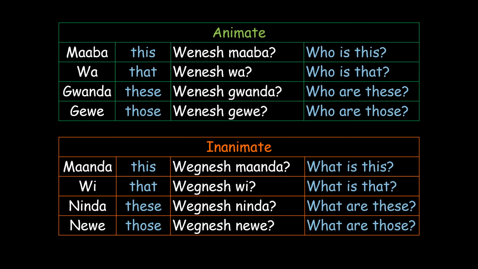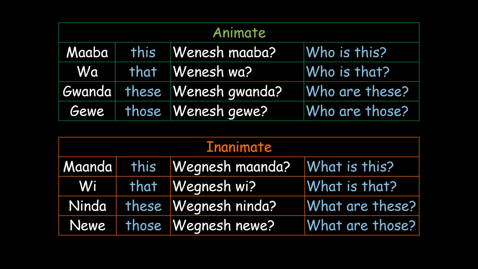Back to our formula tables. Let's review while comparing the animate to the inanimate terms. Maba, wa, gunda, gewe. Wenish maba, wenish wa, wenish gunda, wenish gewe. And inanimate, manda, we, ninda, newe. Wegnesh manda, wegnesh we, wegnesh ninda, wegnesh newe.